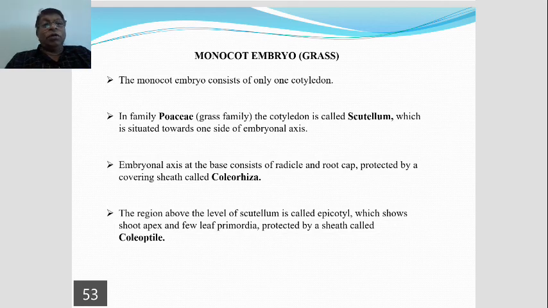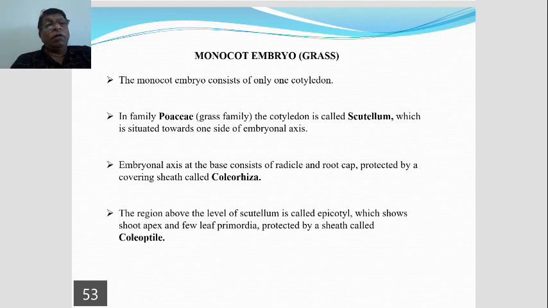Thus, the monocot embryo shows a shoot apex and a root apex. The shoot apex is protected by coleoptile, whereas the root apex is protected by coleorhiza.